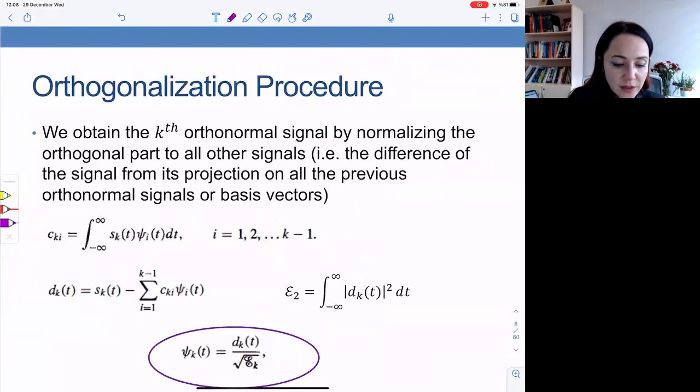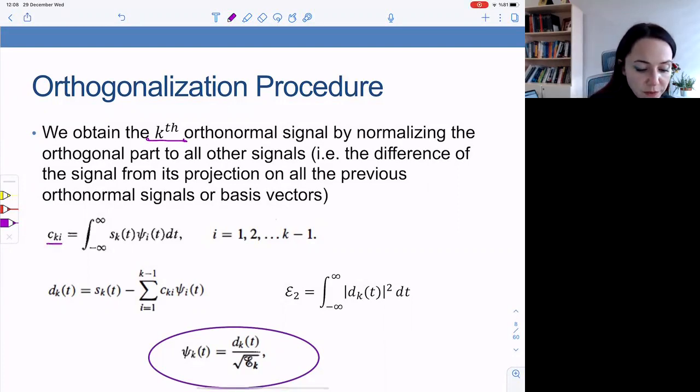Now, in general, we obtain the kth orthonormal signal or basis function by normalizing the part of the kth waveform that is orthogonal to all the other signals. That is, the difference of the signal from its projection on all the previous orthonormal signals or basis vectors. So we obtain these coefficients, or projections, of the kth waveform on all the previous basis functions phi i from 1 to k minus 1.